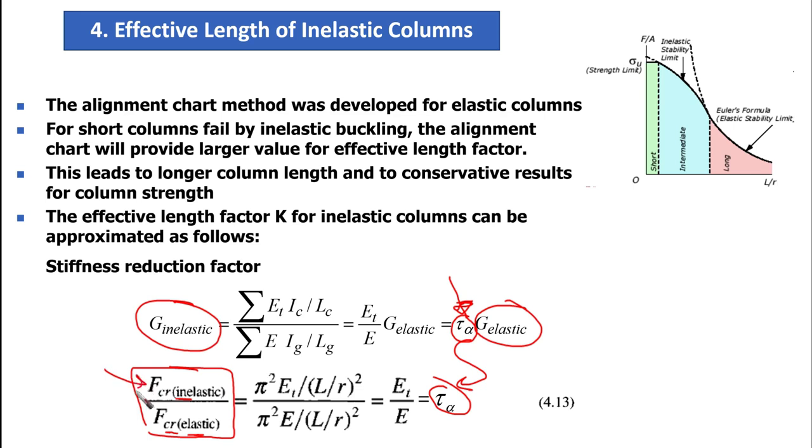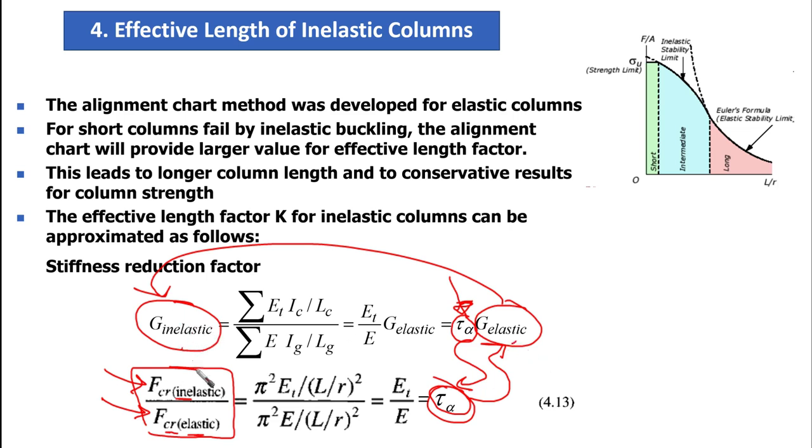If we could know these two, we can obtain tau alpha, and from tau alpha we can multiply by G elastic, and then we can obtain the G inelastic. You understand? This is the story of this part. This is the story of the tau alpha and how to obtain G inelastic from G elastic.